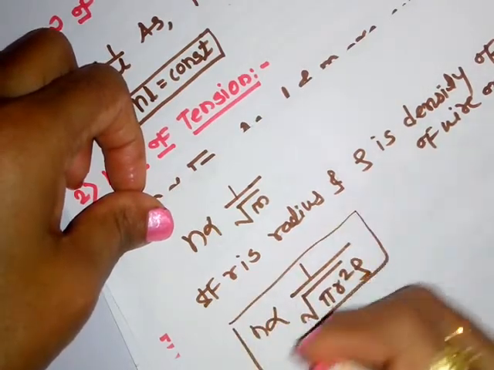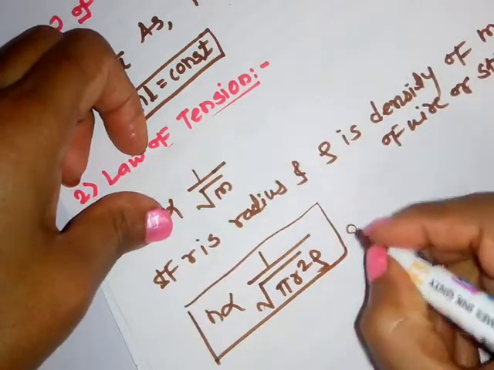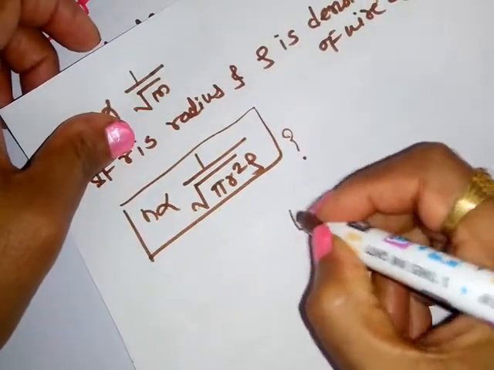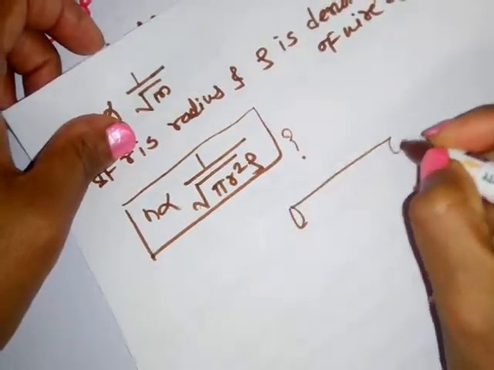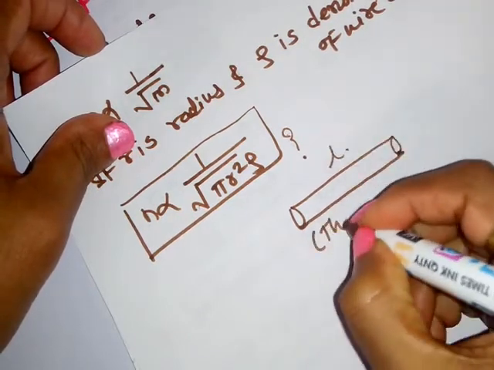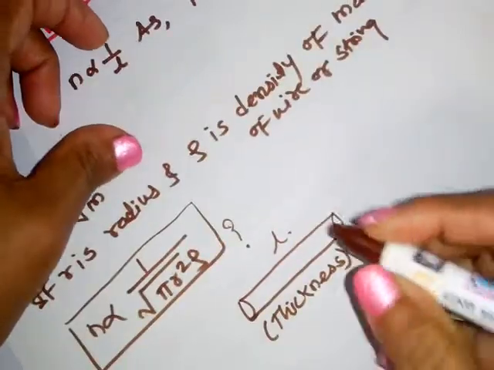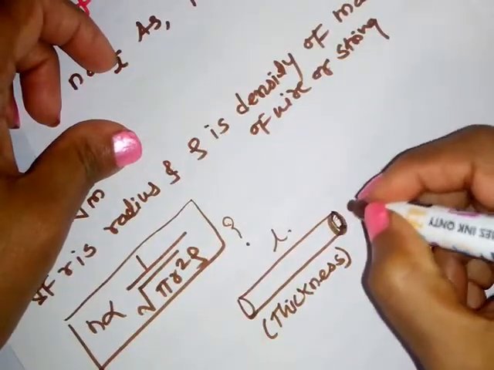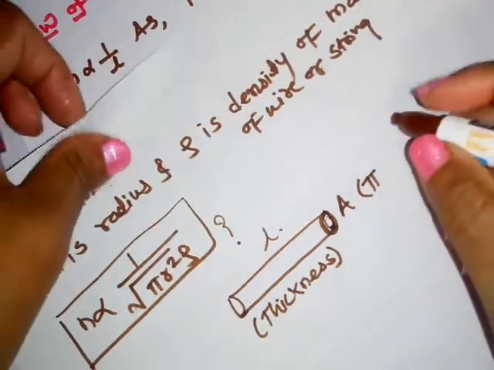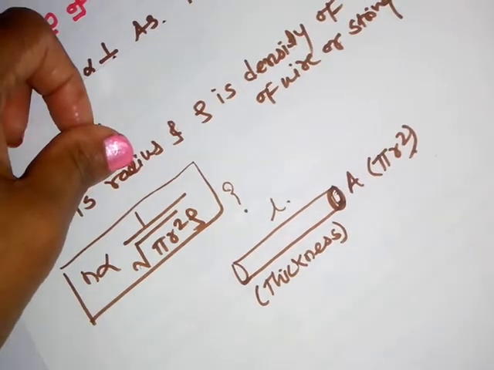Now, how does the factor pi r square rho arise? For this purpose, consider a string having some length L and having thickness, which represents the cross-sectional area. We know the cross-sectional area of the wire is pi r square.